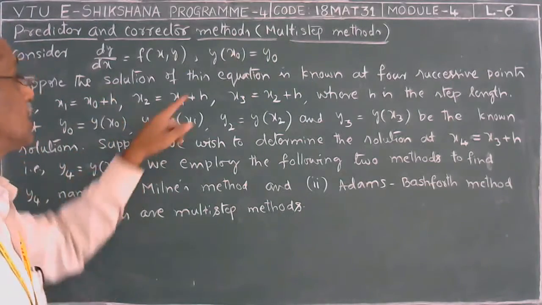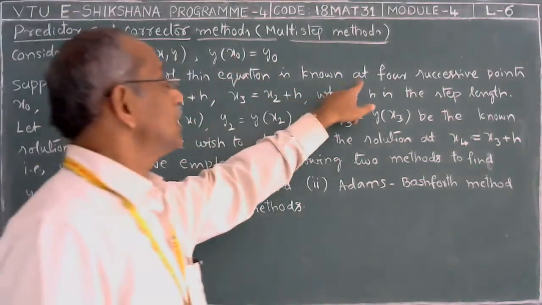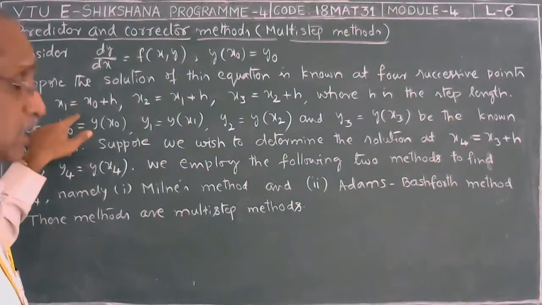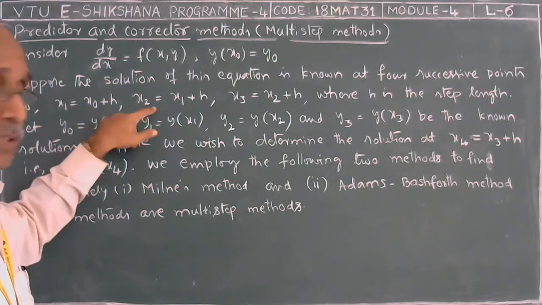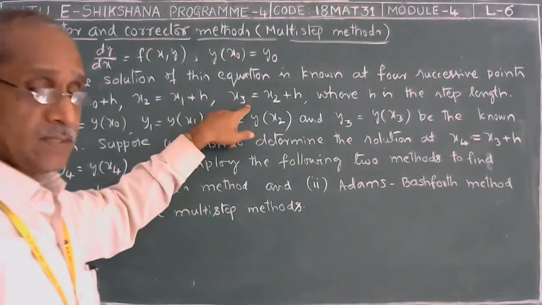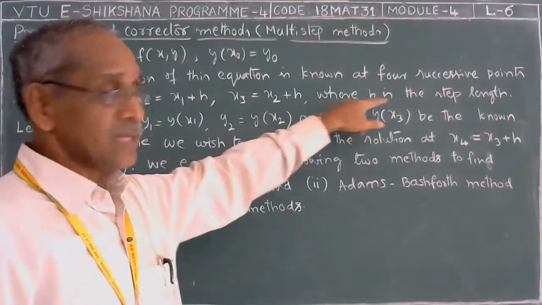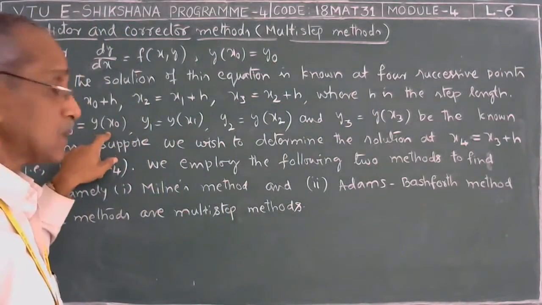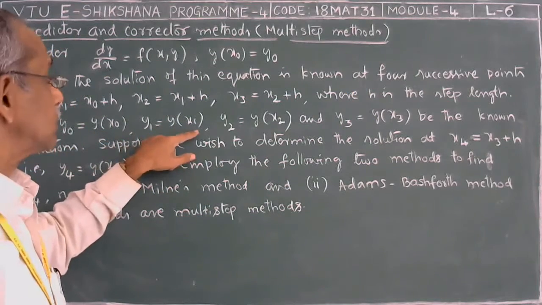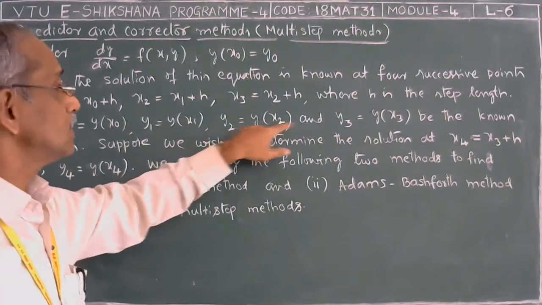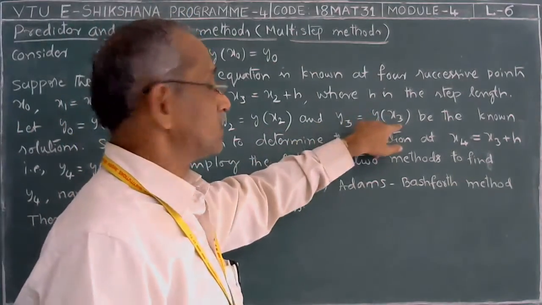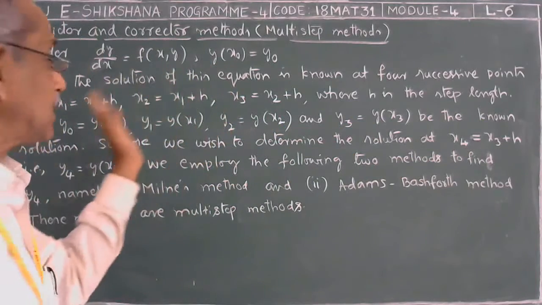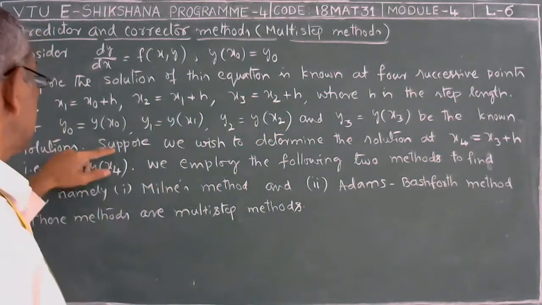Suppose the solution of this equation is known at four successive points: x naught, x1 that is x naught plus h, x2 that is x1 plus h, x3 that is x2 plus h, where h is the interval. Let y naught, y1, y2, and y3 be the known solutions at x naught, x1, x2 and x3 respectively. That is, it depends on the previous values.